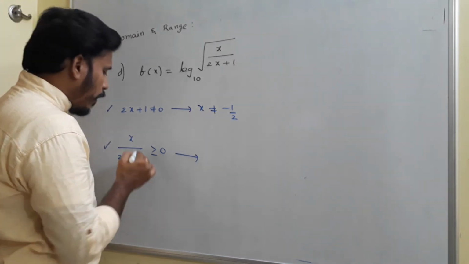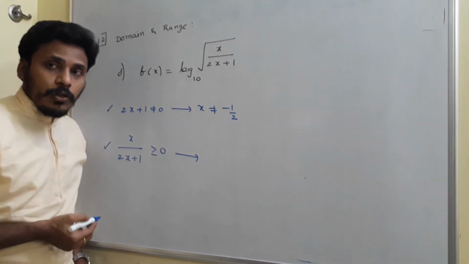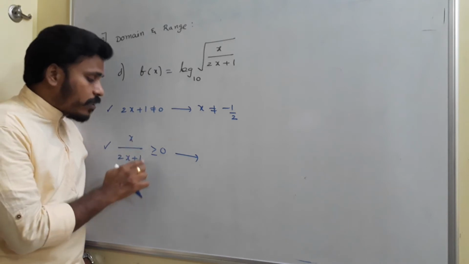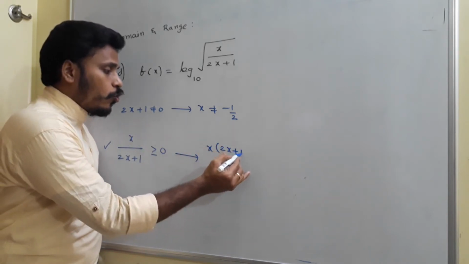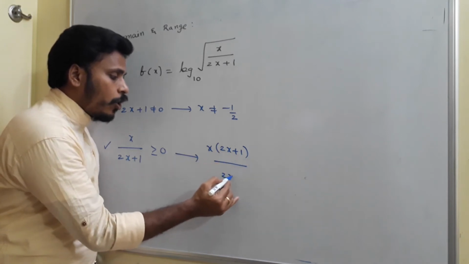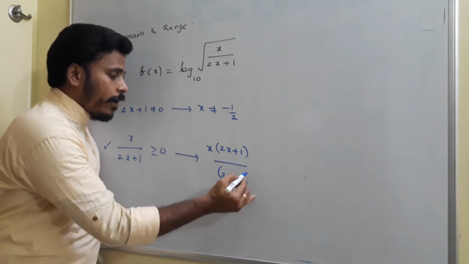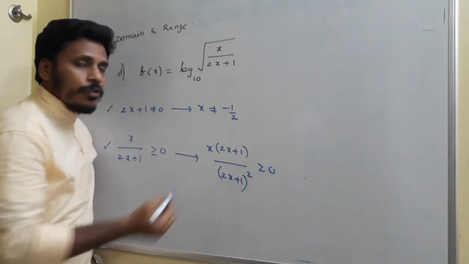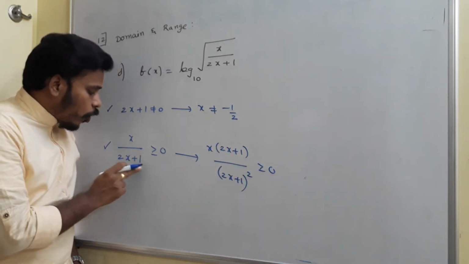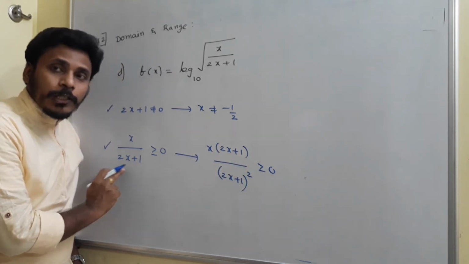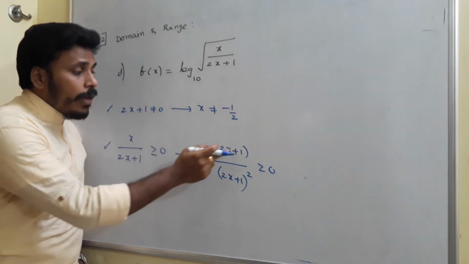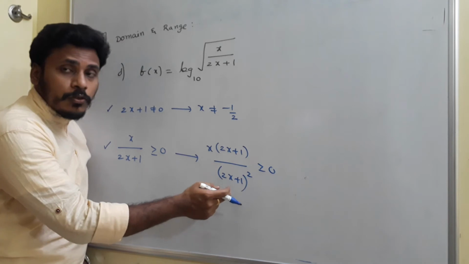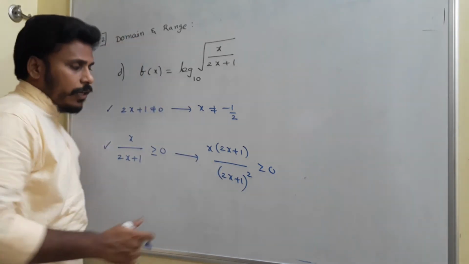And x by (2x plus 1) greater than or equal to 0. Just as we discussed in previous cases, you multiply with (2x plus 1): x into (2x plus 1) divided by (2x plus 1) whole square is greater than or equal to 0. Since we don't know whether 2x plus 1 is positive or negative, we are not allowed to send it to that side. But when you make it a square, it is positive, so send it to that side, no problem.